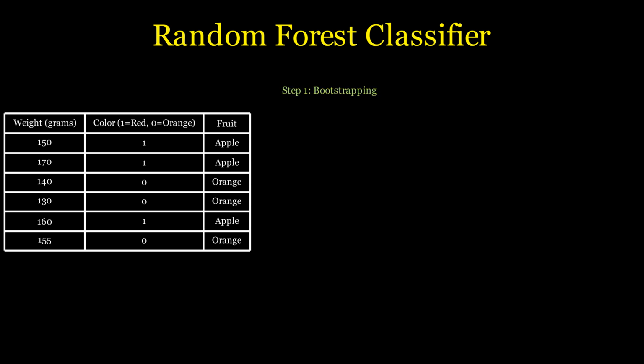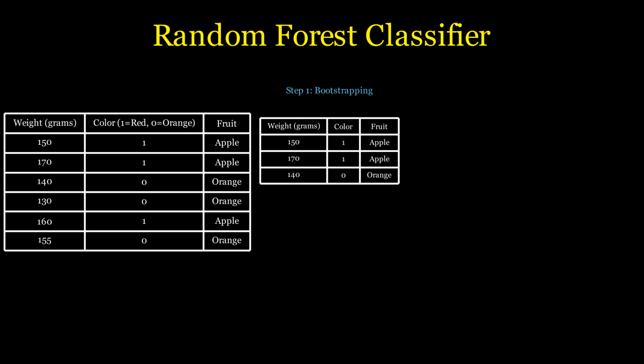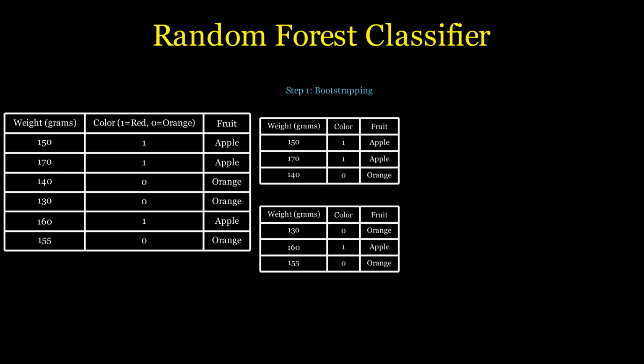For simplicity, let's create two subsets. For each subset, we build a decision tree. Each tree uses a different feature or condition to split the data. Let's say tree 1 is built from subset 1 and tree 2 from subset 2.